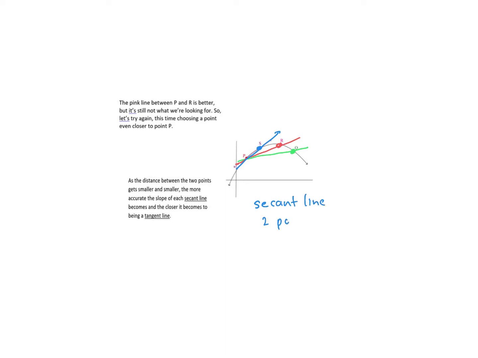So that is the average rate of change between 2 points. As we bring these points closer and closer together, it then becomes a tangent line, which is only passing through 1 point. So this is also called the limiting value.